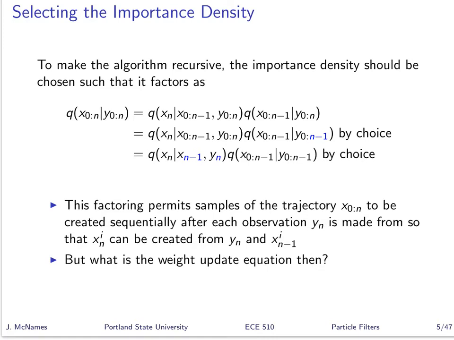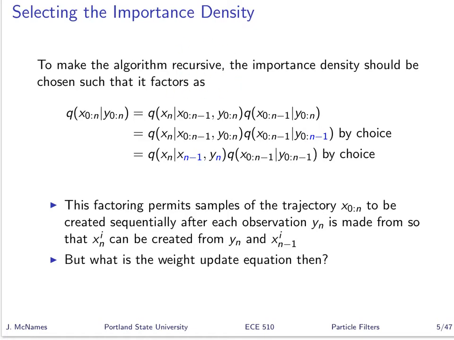But if we're going to do it recursively, we don't want the density that we're using to advance the particle from time n minus 1 to time n to depend on the entire past, because then the computation would scale with time. So the reason to make this only dependent upon the state at time n minus 1 and the measurement at time n is simply because that enables us to, again, make this recursive.